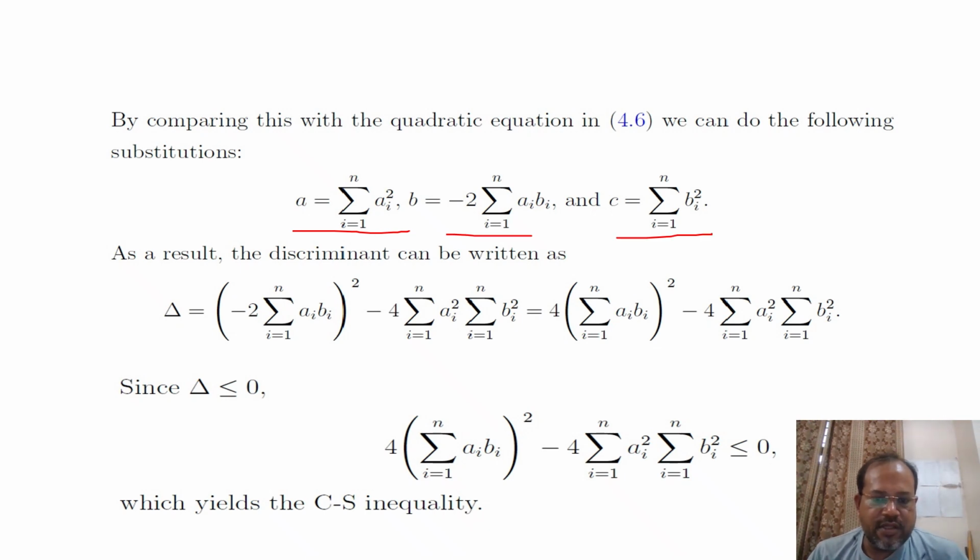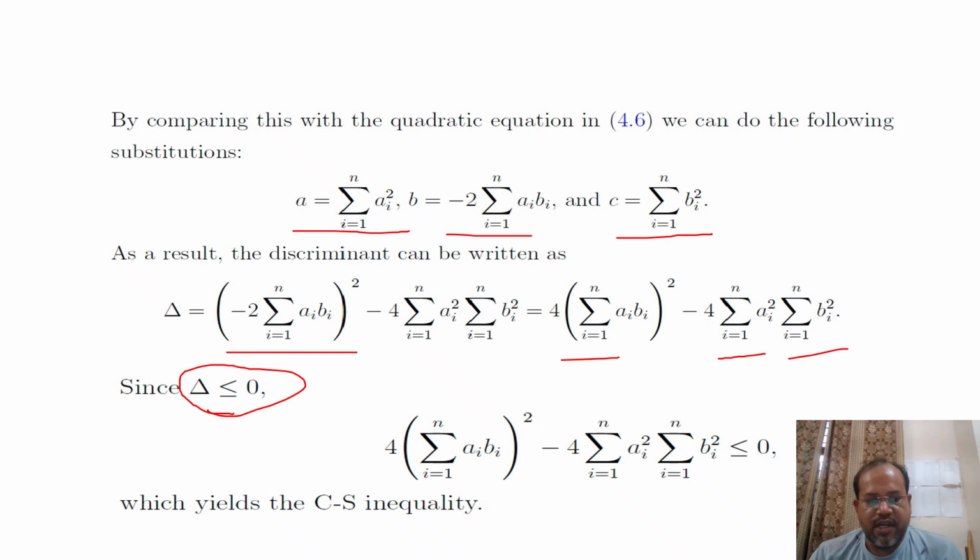In the next slide you can see clearly. The discriminant means b square minus 4ac. So b square is this, minus 4 into a into c, and by the previous result this discriminant should be less than or equal to 0, then only the quadratic polynomial is greater than or equal to 0.